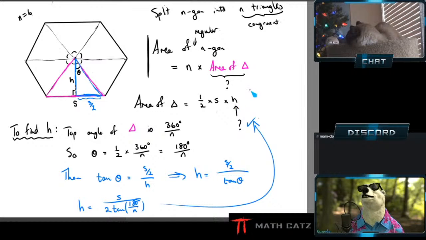If I insert this H in here, S over 2 tan 180 over n, you see I have a half, so I divide by another 2, so that's going to become a 4.